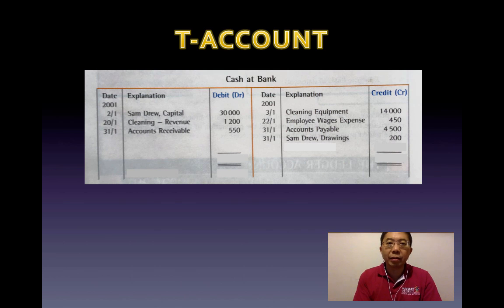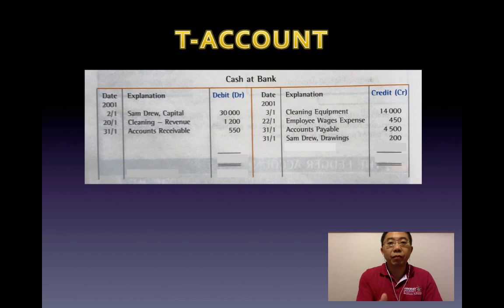Now, first let's look at the closing entries or the balancing of accounts. We've actually discussed the T accounts and as I mentioned before, the T account has two sides, the left-hand side and the right-hand side. And the left-hand side corresponds to debit entries and the right-hand side corresponds to credit entries. So you're looking at this example of Sam the cleaner, if you remember that example.